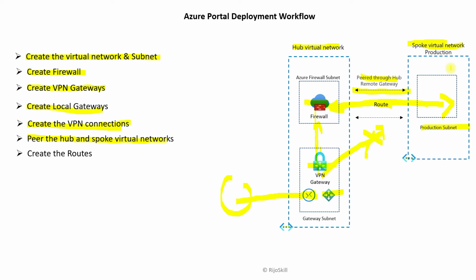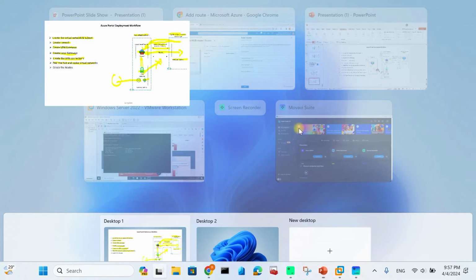Any traffic coming from the spoke virtual network goes directly through your Azure Firewall, then to the VPN gateway, or to the internet, passing through your firewall. So my aim is that any traffic coming through any gateway will be passed to the Azure Firewall. So now we will go to our portal again.